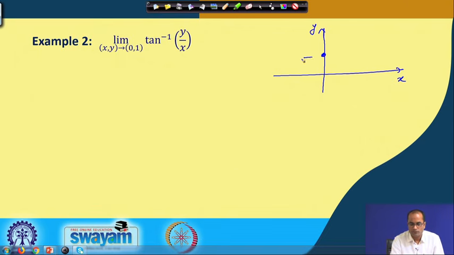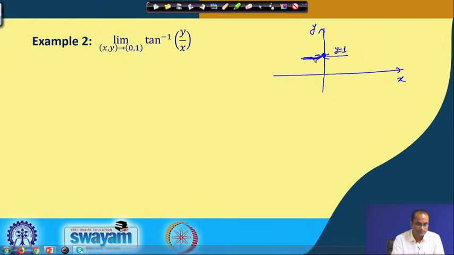We can fix y and take these two paths as x approaches this point from the right side or from the left side. So along this path we will fix y as 1 and evaluate this limit along these two particular paths.